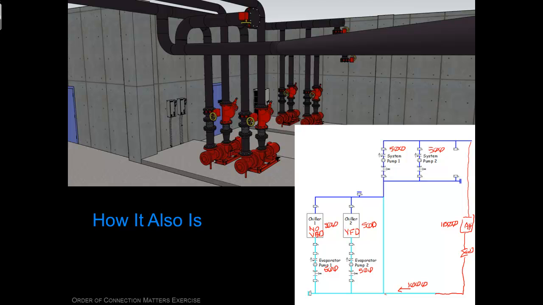So here's where you have to believe in physics. At this T, unless we create or destroy water, if 1,000 gallons per minute is coming in this way and 1,000 gallons per minute is being taken out by those pumps going that way, at this one load condition, there's no flow in that piece of pipe.